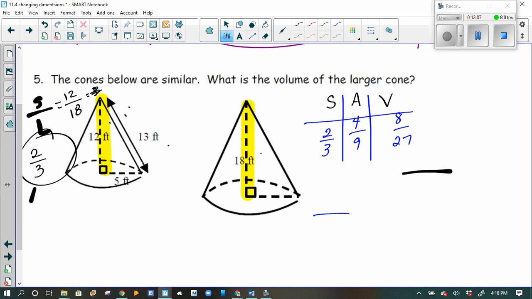So we're going to set up our table here. It says that we're going to look for the volume, so that means we're going to have to use this column right here. So I'm going to use 8/27.